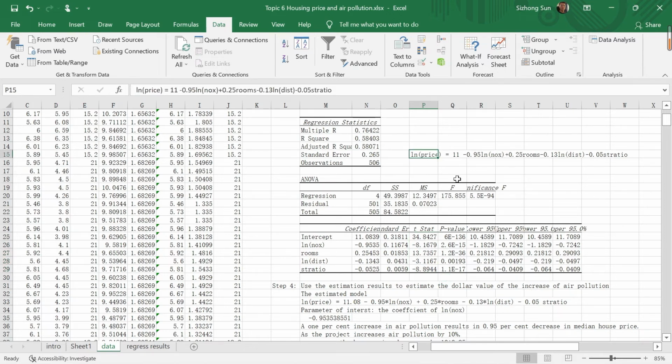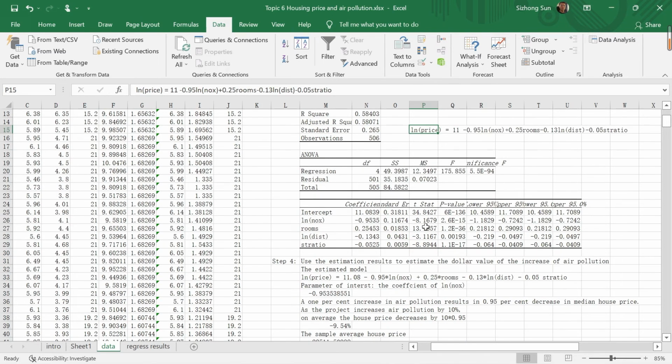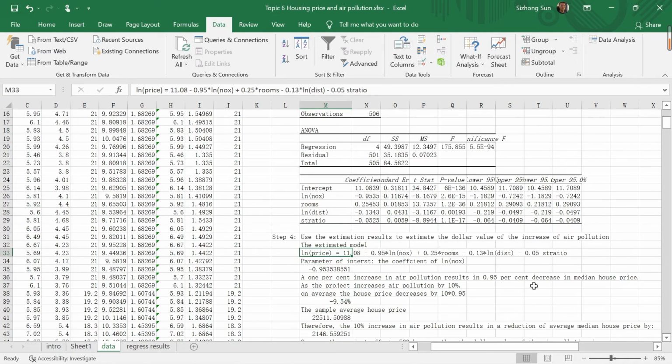So now we can use this information to estimate the dollar value of the air pollution due to this project. The parameter of interest is the coefficient of log NOx, which is negative 0.9535.